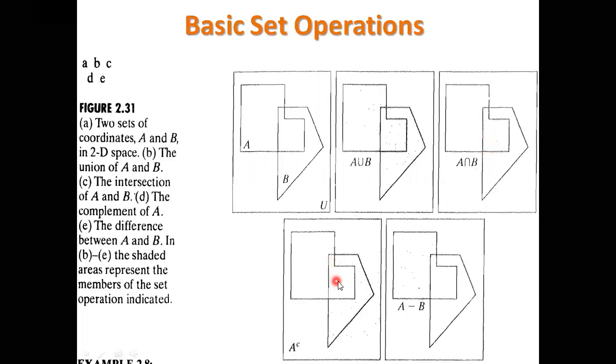A complement means, if the total is the universal set, we get everything except A. A minus B means we get only this part of A. These are the diagrams.